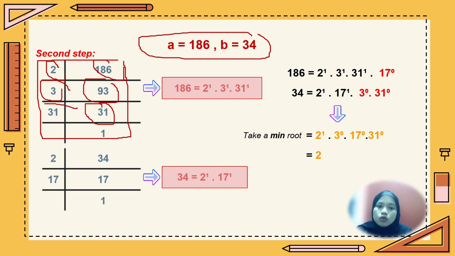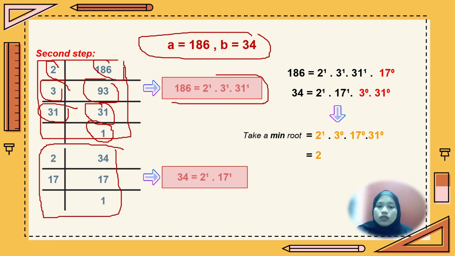It's 31 itself, and finally we get the answer 1. If you get the answer 1, the step is settled, and you need to do the same steps for 34.